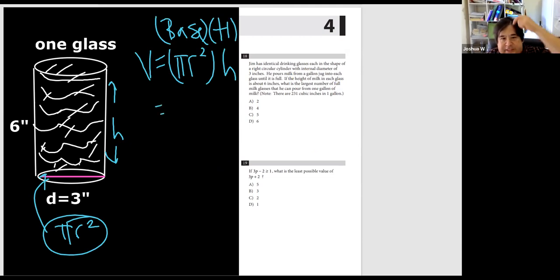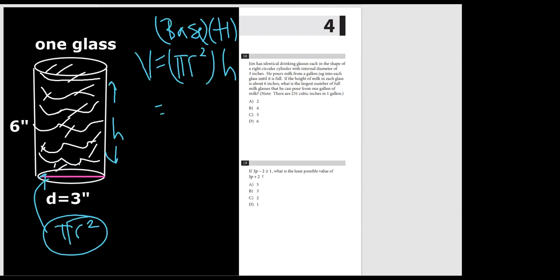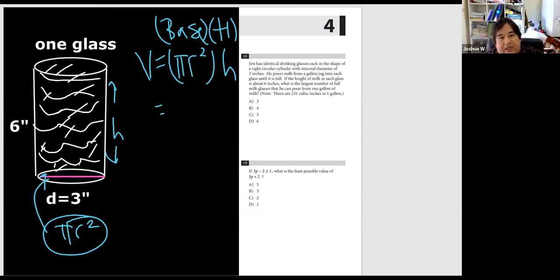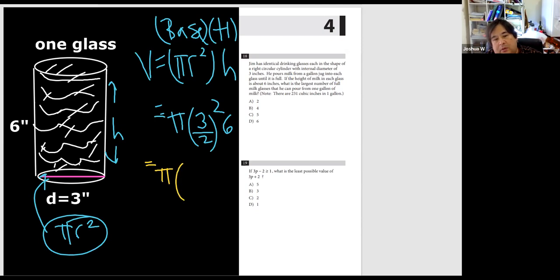What is the radius of this glass? 1.5 inches, yes. To make the math hopefully easier, I'm going to write that as 3/2 squared, because we're going to multiply it by 6. Can you square the numerator and the denominator? What's 3 squared? 9.